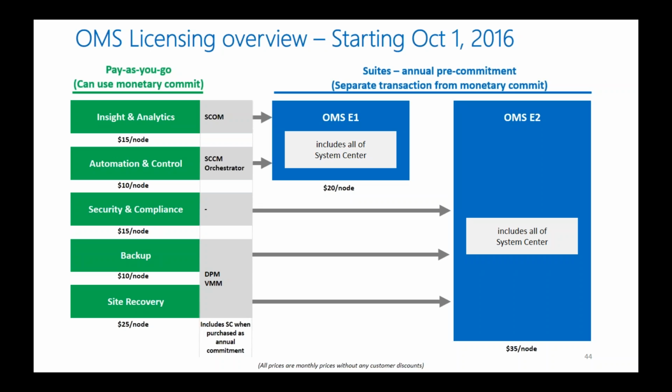Or if you went with OMS E2, you get both of those and the rest of OMS and all of System Center from a management license perspective. So that server, that VM, whatever, would be completely covered for all System Center components, as well as backup and site recovery, as well as all those other components of OMS. So great value there. That's a great offering that's very recent and not truly known yet.